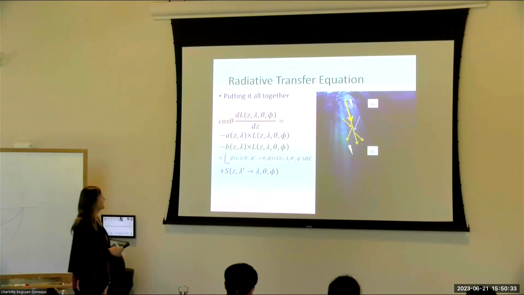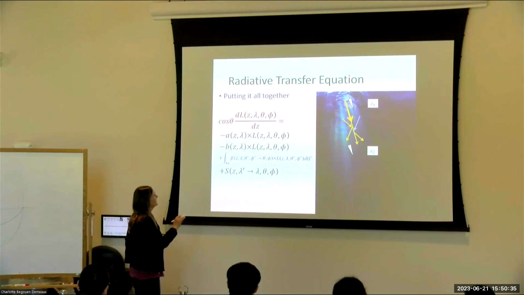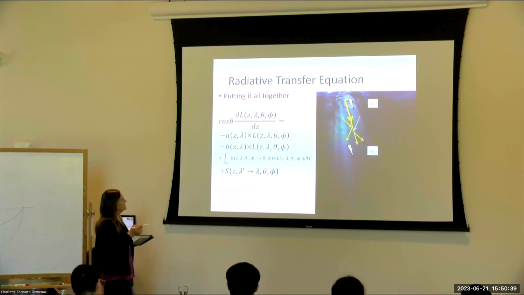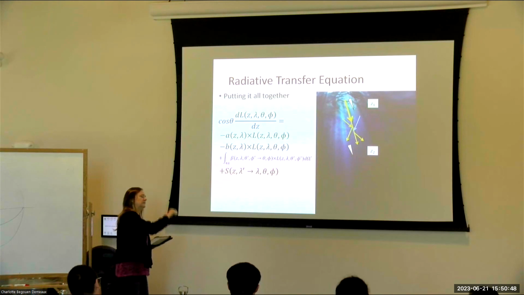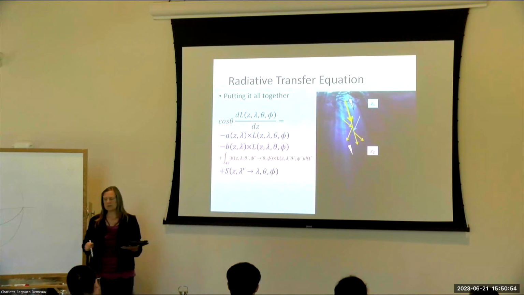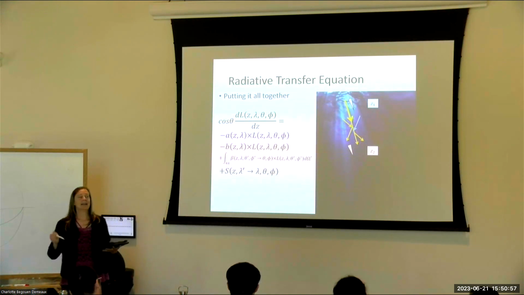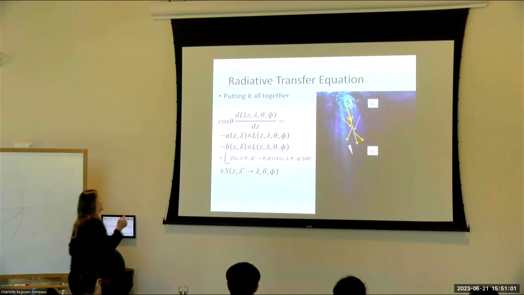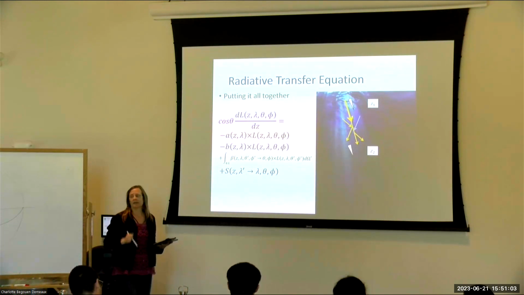All right, so there it is. We put it all together. The change in radiance at some azimuth and zenith angle, at some depth and at some wavelength, the gradient in that, or the change in that with depth, multiplied by the cosine to account for that path length difference, is equal to the loss due to absorption, the loss due to scattering, the gain due to scattering from another angle, and the gain due to a source at another wavelength.